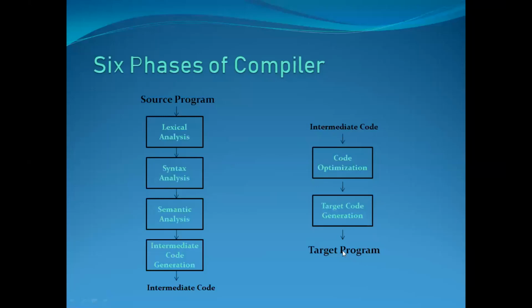So I repeat, what are the 6 phases of a compiler? Your source program is first analyzed in 3 ways: lexical analysis, then syntax analysis, then semantic analysis. After that it is converted into intermediate code, and then this intermediate code is optimized and converted into a low-level language through the last phase of compilation. So these are the 6 phases of compilation.